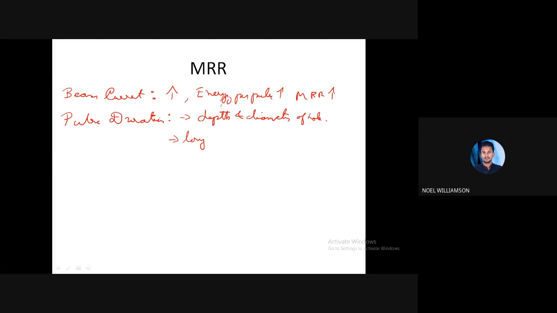So thereby the energy will also be increasing, or the diameter or the depth will also be increasing. So ultimately the MRR also will increase. So as the pulse duration is long, both the depth and diameter will increase, and ultimately the MRR will increase.